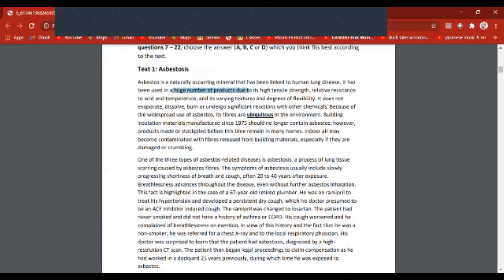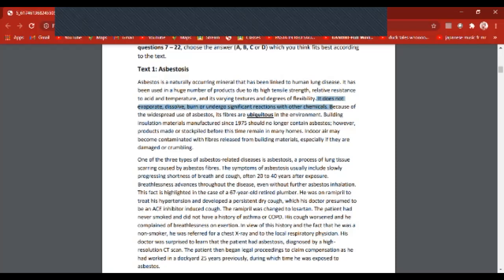A huge number of products, right? So it means widely used. It has been used for its high tensile strength, relative resistance to acid and temperature, and its varying structures and degrees of flexibility. It does not evaporate, dissolve, burn, or undergo significant reaction with other chemicals. So here it says it does not evaporate, and not with other chemicals.